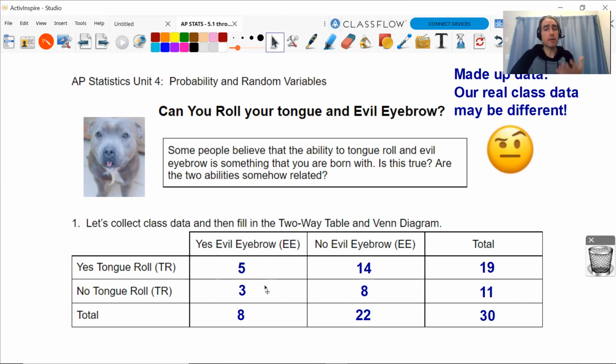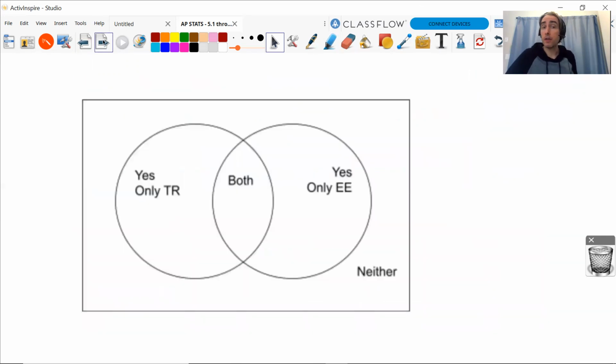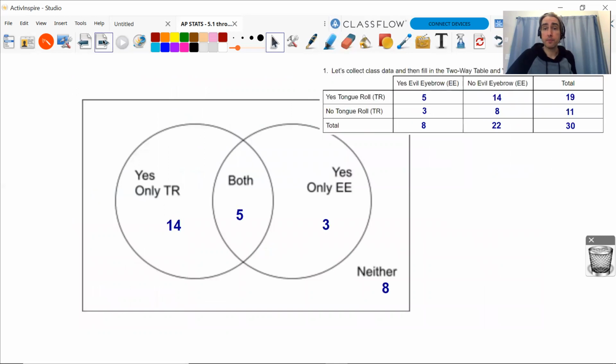Together, they combine to all the possibilities of evil eyebrow. And the same thing with the not evil eyebrow. There's some that can't do their eyebrow thing, but they can roll their tongue. Some that can't do either one of them. And together we can get our totals, fill out a Venn diagram, and do some math with that. So here is our Venn diagram of our made-up data.